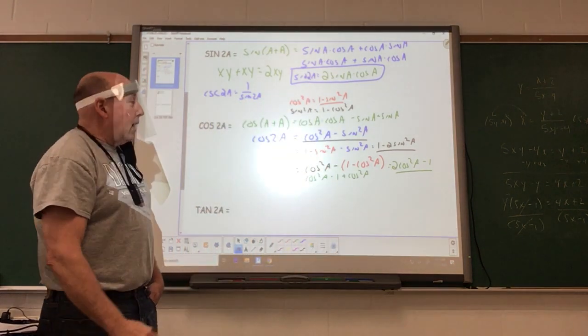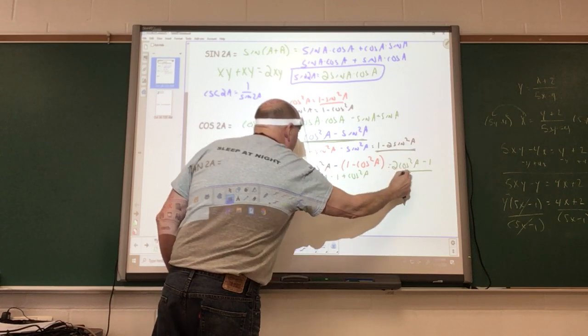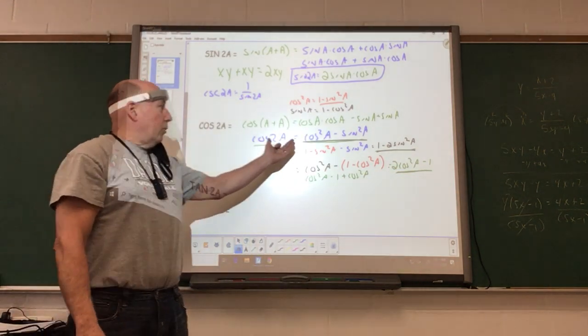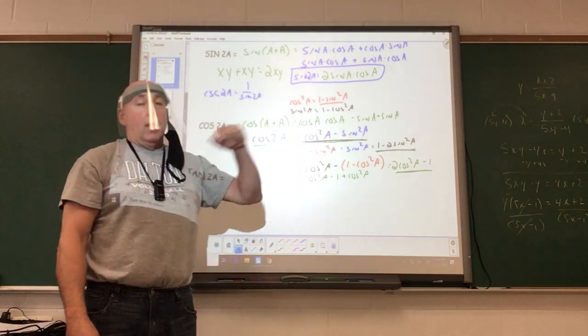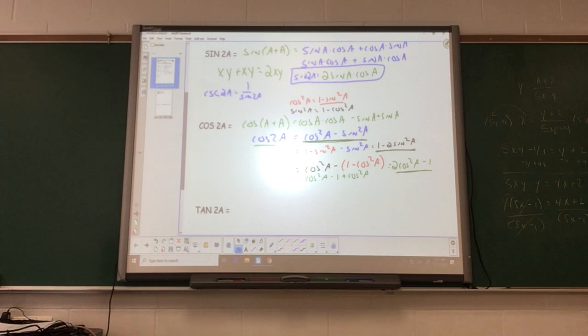So for your double angle for cosine, you have 3 different formulas. Cosine of 2A is cosine squared minus sine squared. I typically go to that one right there. There are uses for the other two that we'll get to when we go into half angles.